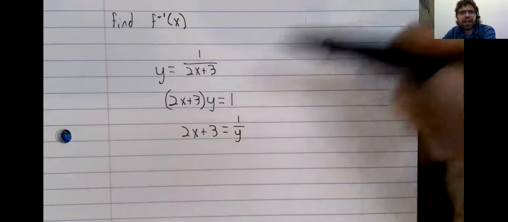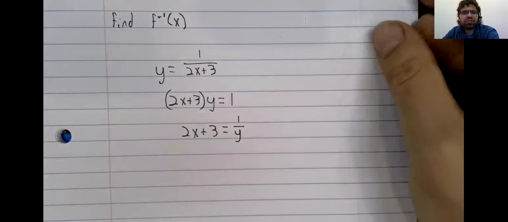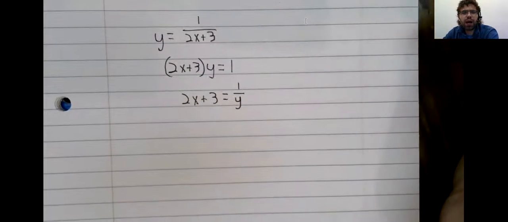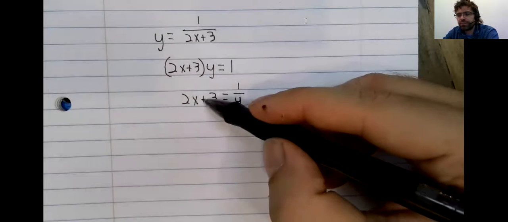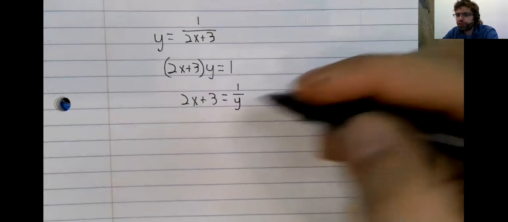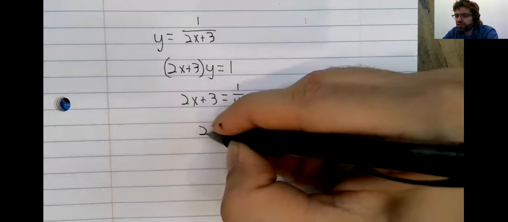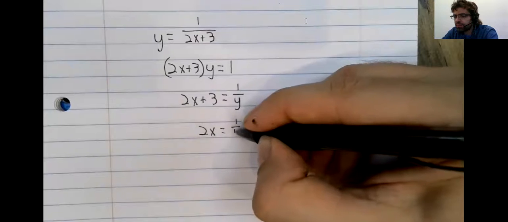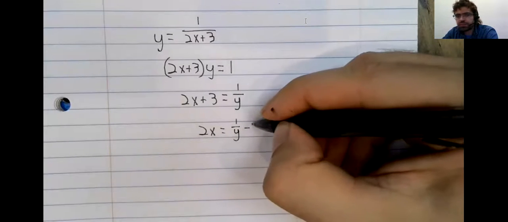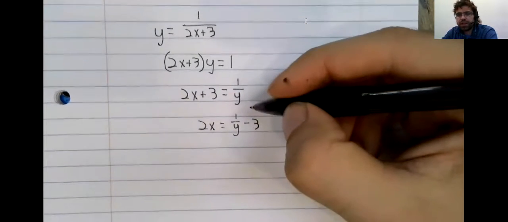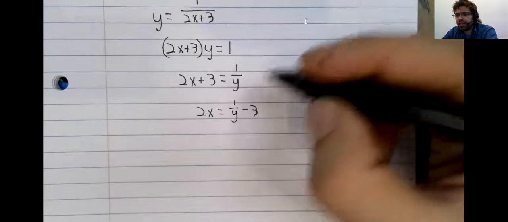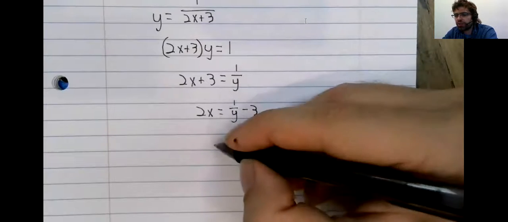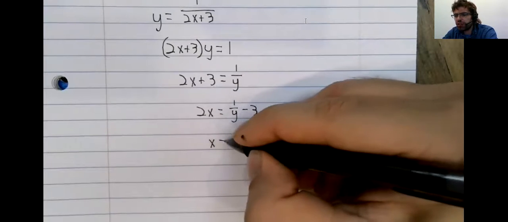We can do that if we divide both sides by y. Subtract 3 from both sides. And finally, divide both sides by 2.